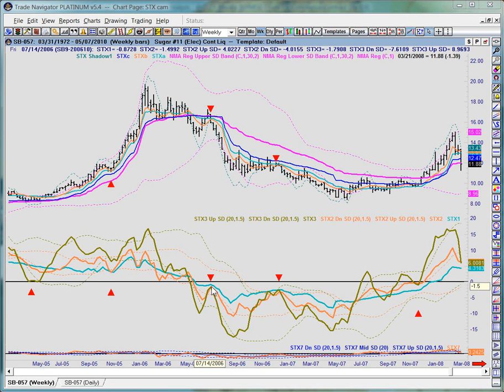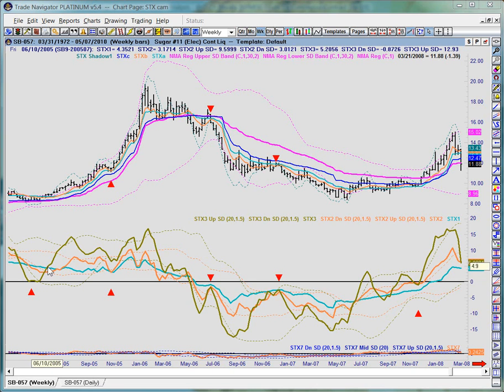In addition to the simple fans that the three lines are generating and their positions relative to the zero line, in effect the fourth line, the standard deviation bands related to the fast and medium term oscillators, offer a very powerful measurement of the degree of overbought or oversold that the underlying market may be exhibiting.